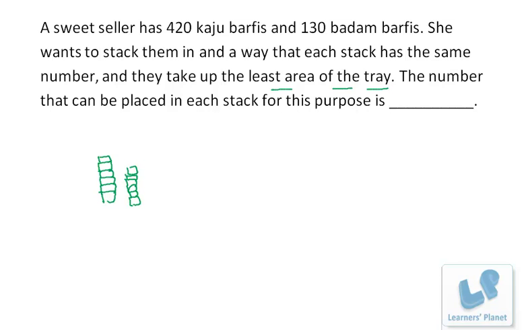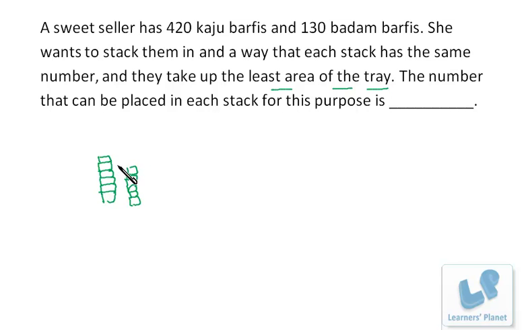That means we have to find out the HCF, right? I just try to elaborate it. See, if we have to take the least area of the tray, that means we have to make a minimum number of stacks. So if we wish to make a minimum number of stacks, that means in a single stack we have to arrange more burfis, right? And we want that each stack should have the same number of burfis.